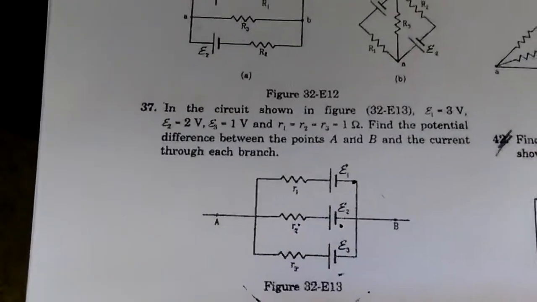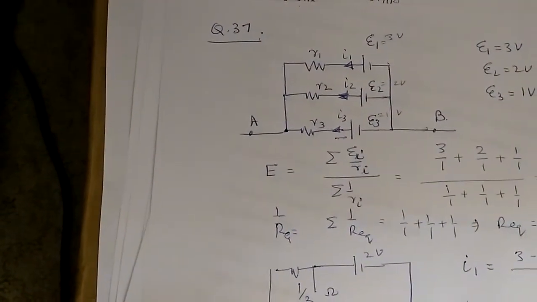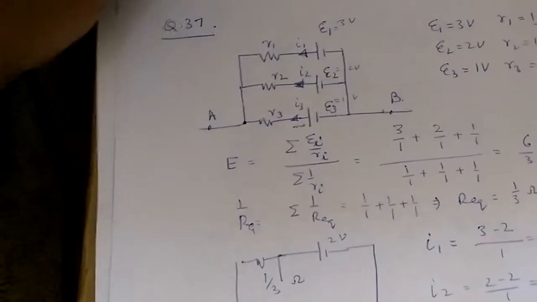So we will use a trick, and that trick is the parallel combination of a set of cells with internal resistance.